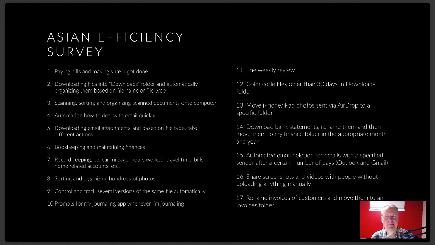Again, you are all going to get those bonuses plus access to the Automation Academy library, which includes the exclusive agent efficiency workflows. So on the screen here, you can see 17 examples, James, of tasks that you can automate. These are based on surveys that we sent out to agent efficiency readers and clients and that we personally use as well.